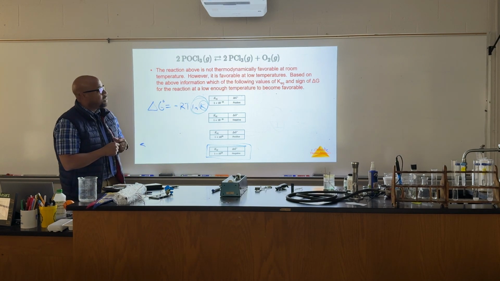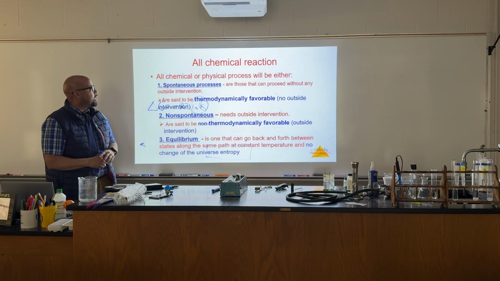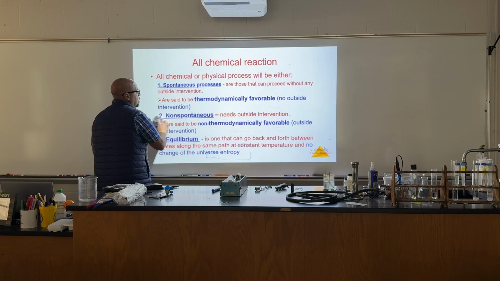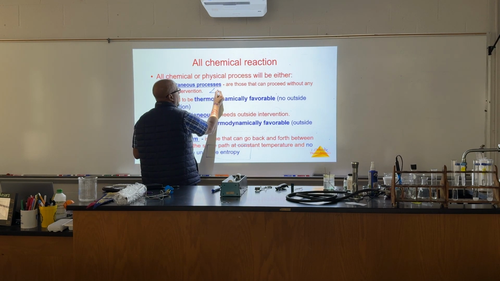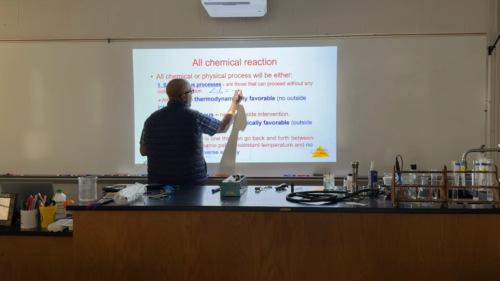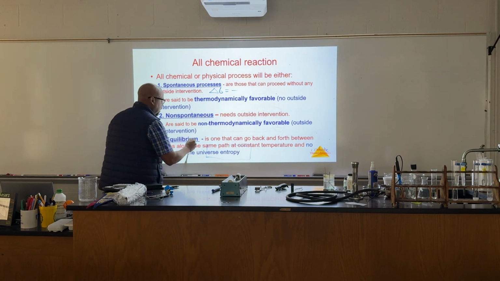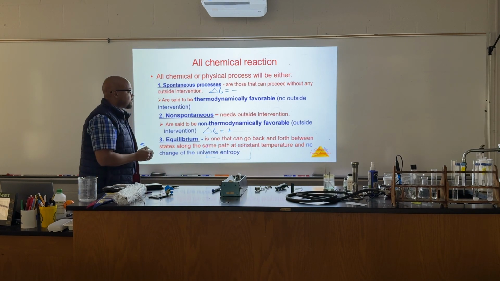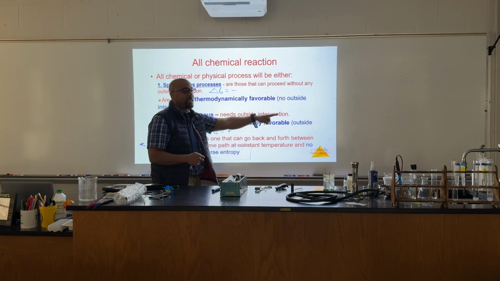All right, I know I told you this last slide, but this is the last slide right here. Once again, what we're looking at is, is this process spontaneous? And remember, if it's spontaneous, my delta G is going to be negative, and we can say it's thermodynamically favorable. If the delta G happens to be positive, then we simply say, oh no, it's not spontaneous in the forward direction.